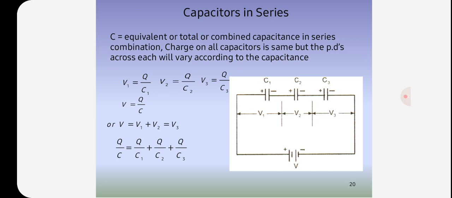Here V1 is equal to Q by C1, V2 is equal to Q by C2 and V3 is equal to Q by C3, and V is equal to Q by C. Here V is equal to V1 plus V2 plus V3, that is equal to Q by C equal to Q by C1 plus Q by C2 plus Q by C3.